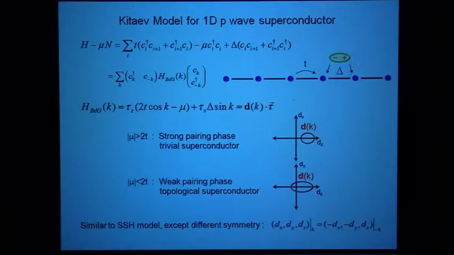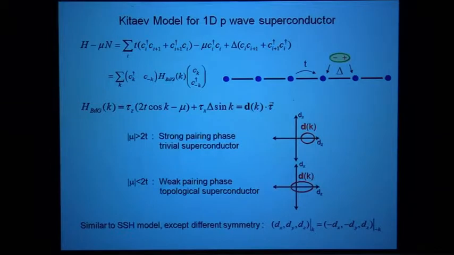This model is almost the same as the Schrieffer-Heeger model. It's a little bit different in the sense that in the Schrieffer-Heeger model we had this symmetry where the Hamiltonian anti-commutes with sigma z. In this one the symmetry is different. It's this anti-unitary particle-hole symmetry, and the constraint that gives you on this d vector relates d and minus d. And this fact again guarantees that this Berry phase going around is either 0 or pi.